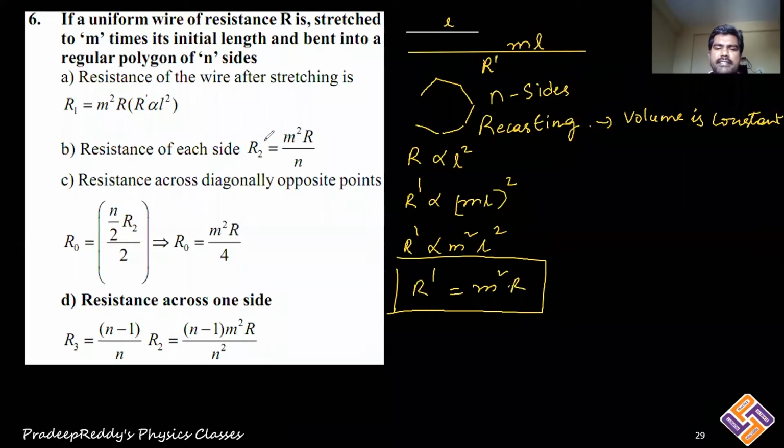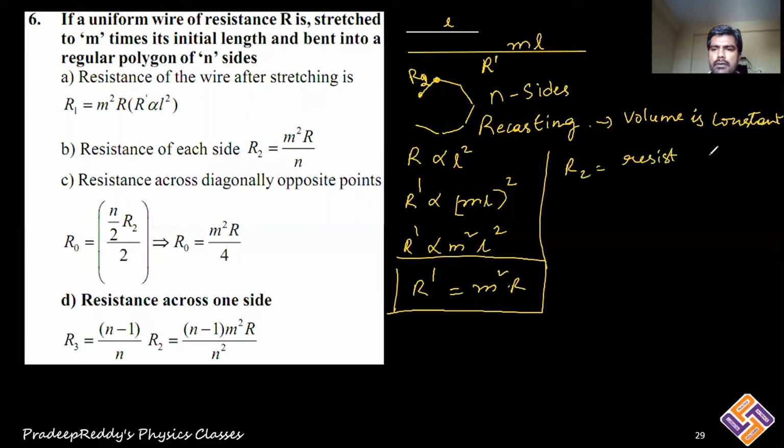Now coming to the next concept, resistance of each side. You are recasting it into the form of a polygon which has n number of sides. To find the resistance of each side, let me consider it as R2. R2 is the resistance of each side.